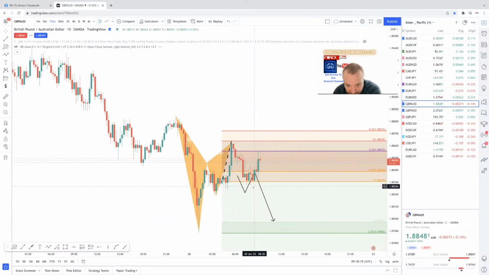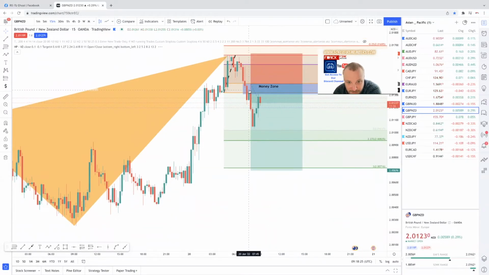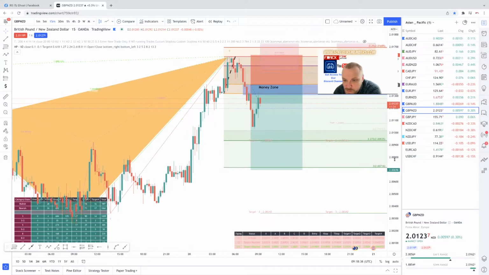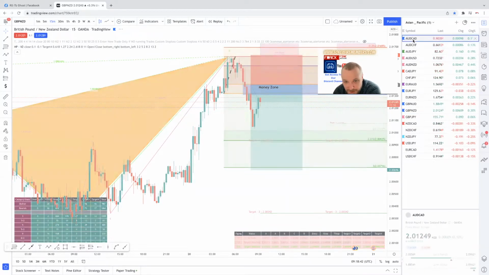Again, it hasn't fully mitigated out to come back in yet. The GBP NZD was one that did it instantly, to be honest, within 15 to 20 minutes, because each candle's 15 minutes on here. So that one would have given us about 40-odd pips, to be fair.